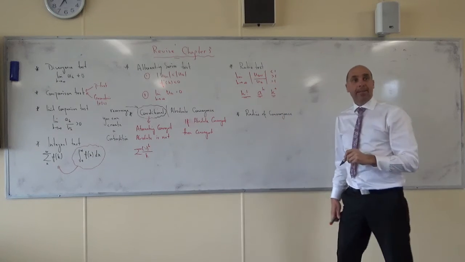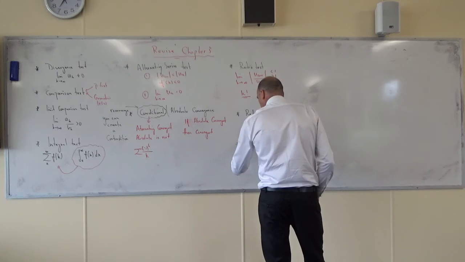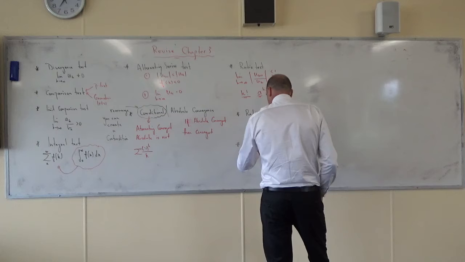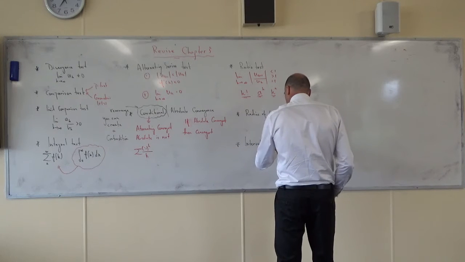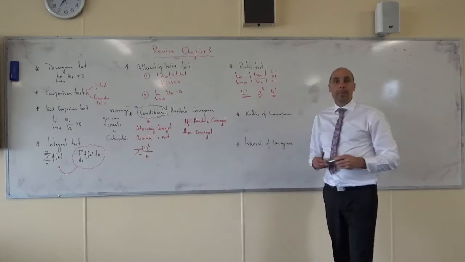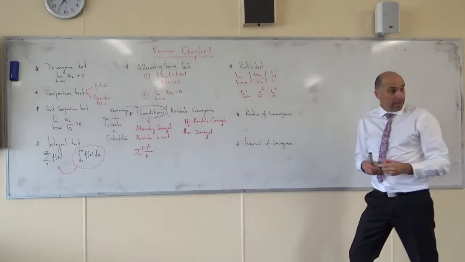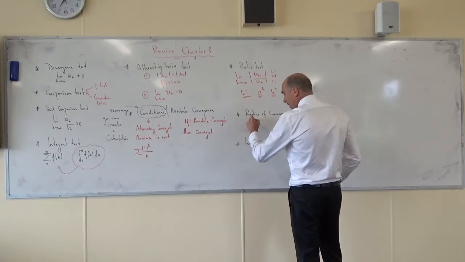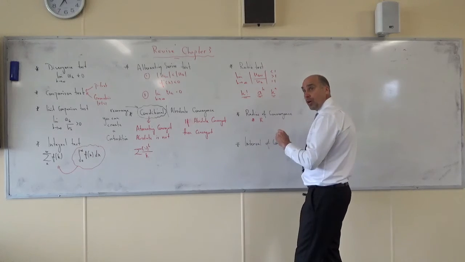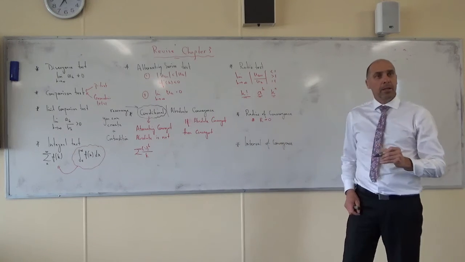Radius of convergence, and the other one was the interval of convergence. Three things can happen with the radius of convergence. One is, we'll just quickly write these, the radius of convergence can equal 0. If it does, what does that mean?